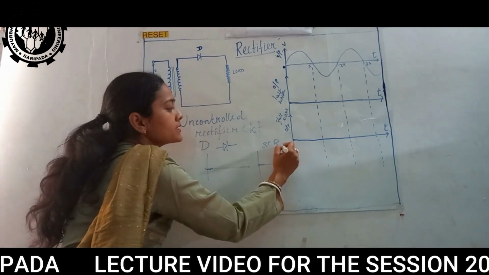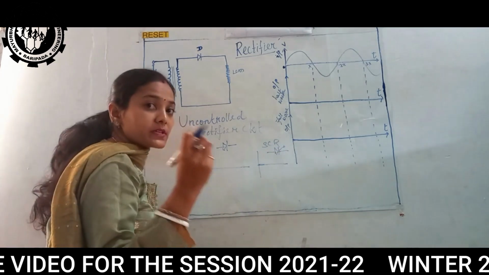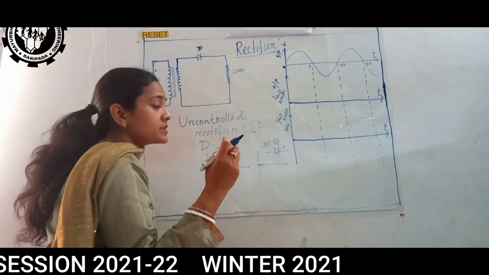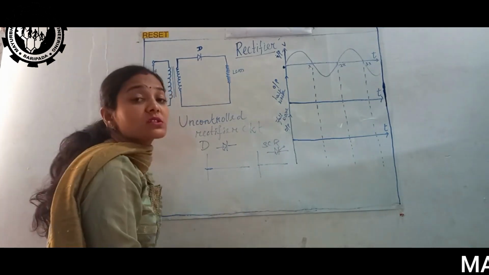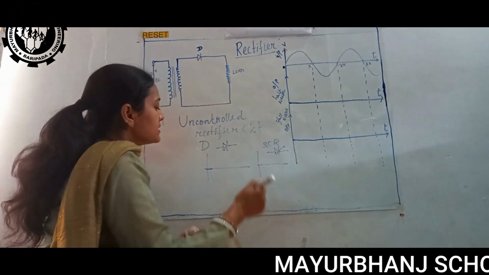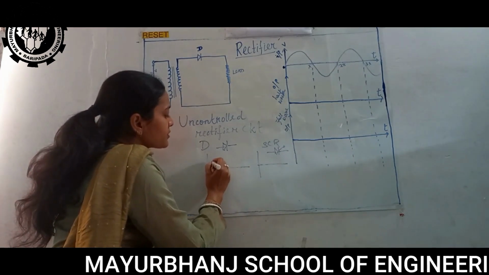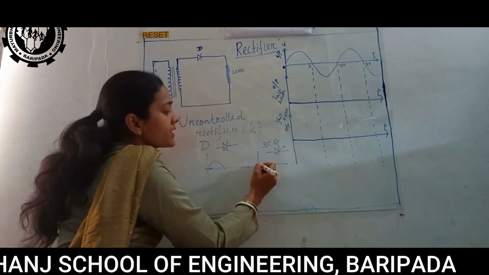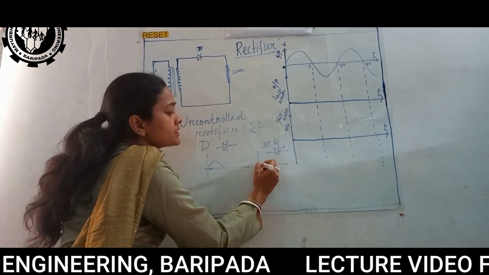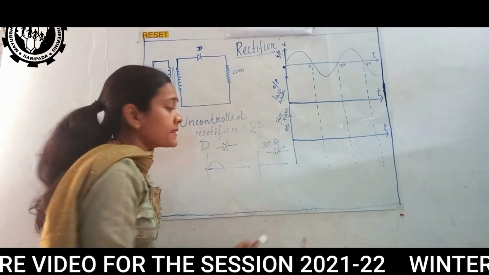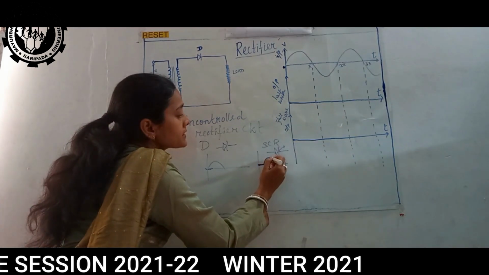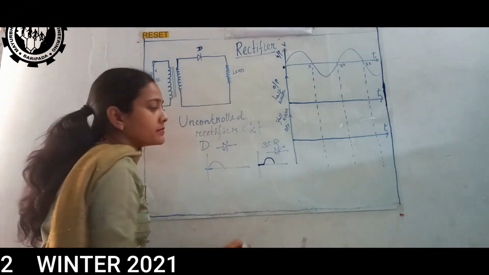In an SCR, we can give a trigger, or it takes some time to start. A diode starts right from the beginning point, and an SCR starts after a certain point of time. That is called the triggering time.